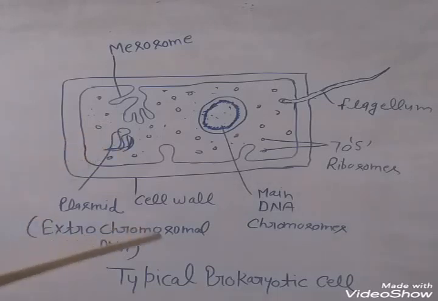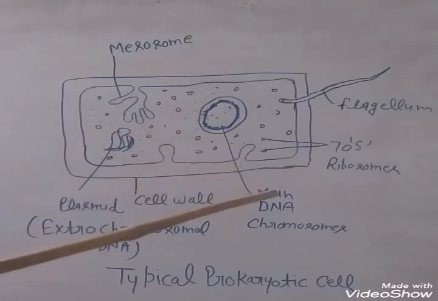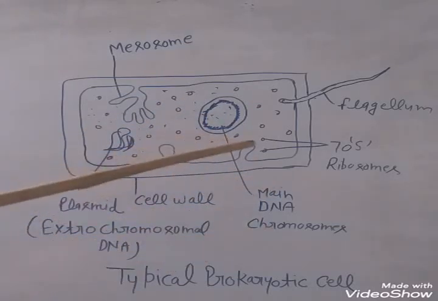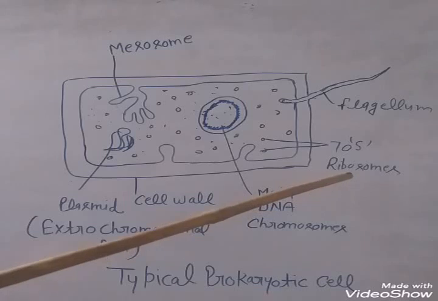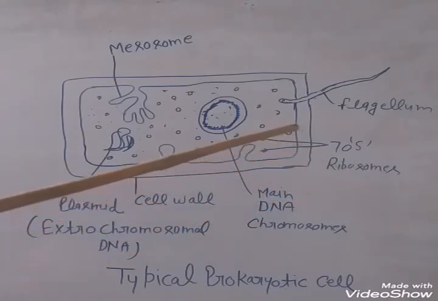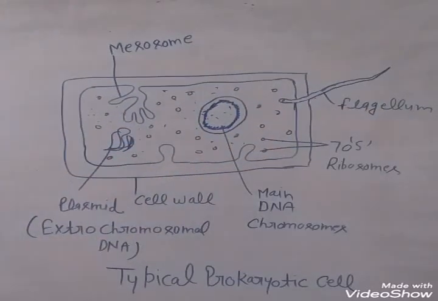It is the extra-chromosomal DNA called plasmid, which helps biotechnology today. The upper wall is the cell wall, and this round-shaped structure is the main DNA chromosome. The small round-shaped structures are the 70S ribosomes, which help protein synthesis, and this hair-like structure is called flagellum, which helps movement of the bacterial cell or prokaryotic cell.